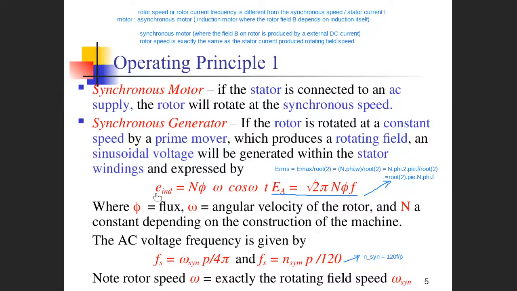Once again, the generated electricity depends on, one, the turn numbers, which is the physical parameter of the stator or armature coils, two, the flux, which depends on the strength of the field generated by an external DC current, and three, the rotation speed omega, which is the rotor's mechanical rotation. These three parameters determine the amplitude of the electricity.